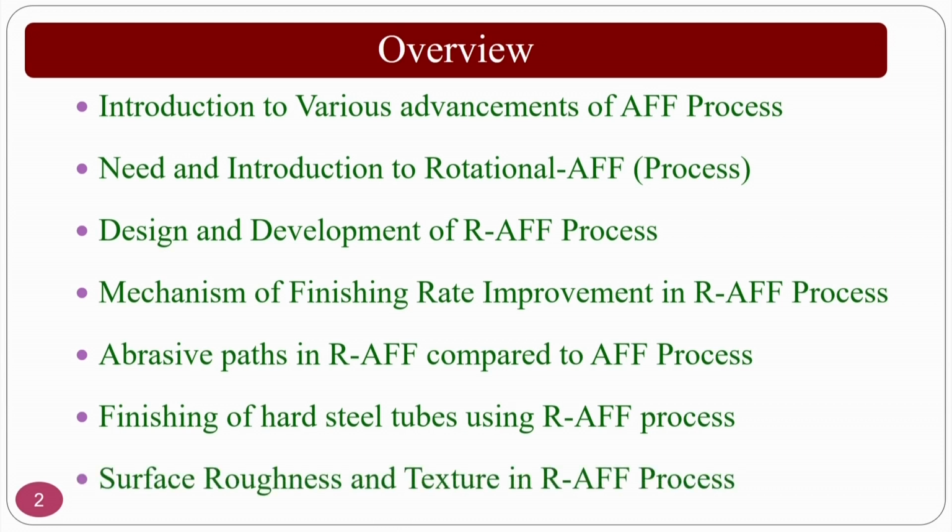Then at last we will see what are the surface roughness capabilities, that means the finishing capabilities of this rotational abrasive flow finishing process. And this process is not only for finishing applications, it can also be applicable for texturing and other things. We will see how this process is capable of producing various textures also.